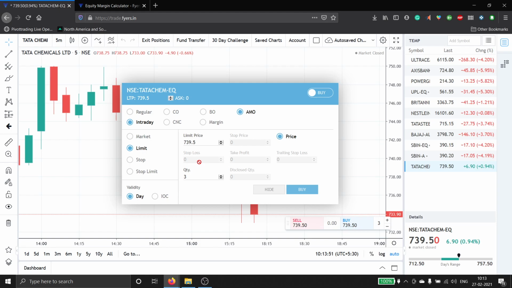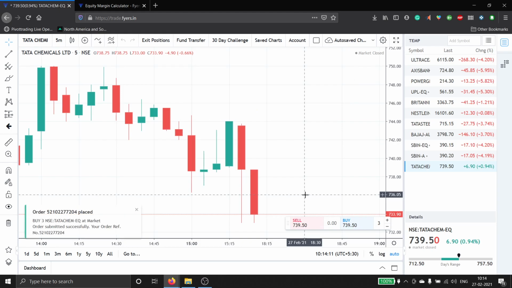In the aftermarket order, you can set the order even if the market is closed. If you want to set an order for tomorrow's market, you can set it in the aftermarket order. You can set CNC, and then you can set the limit price or the market price, or you can set the buy.